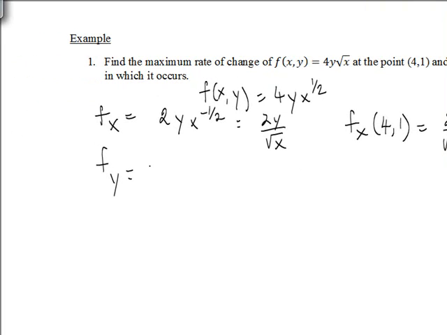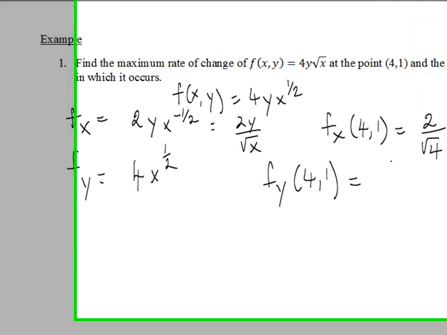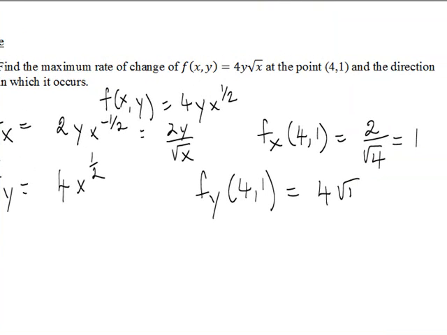The partial with respect to y is simply 4x to the half, and at (4, 1), this is 4 times square root 4, which is 8.